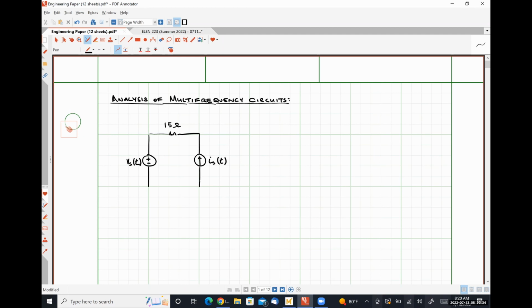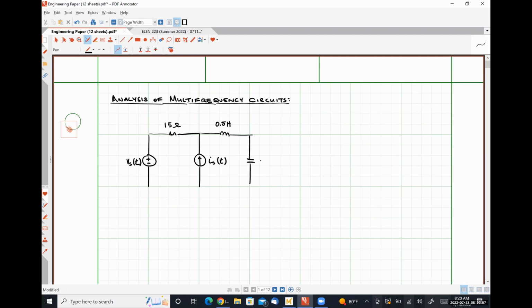Throw a current source in here, Is of t. Let's call this a 0.5 Henry inductor, and let's throw a capacitor here.